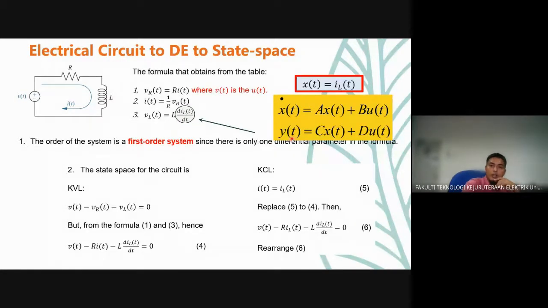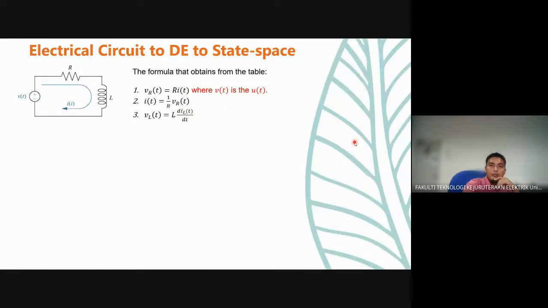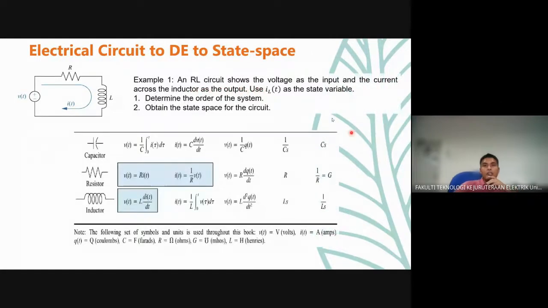Thank you. To solve the second equation, we need to look at the question again. The question said that the current across the inductor is the output. You need to read the question carefully, because the question is divided into two parts of information.